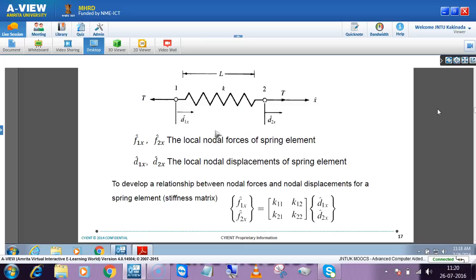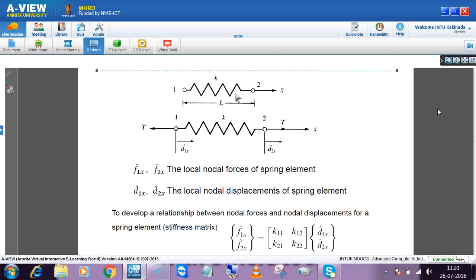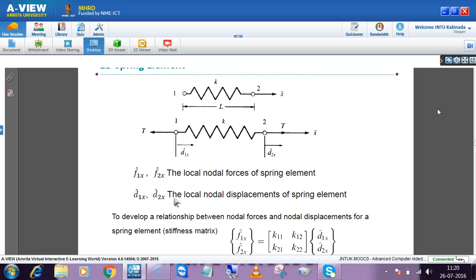So let us take a small example. This is a one-dimensional spring, and it is pulled by tensile forces T in either direction. This is one spring element, and this is node 1 and node 2.